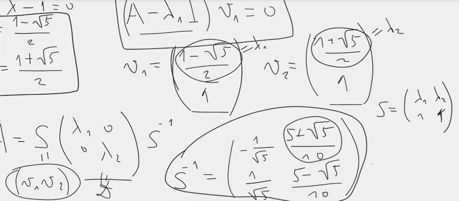Let's find it separately. So 5 plus square root of 5 divided by 10.